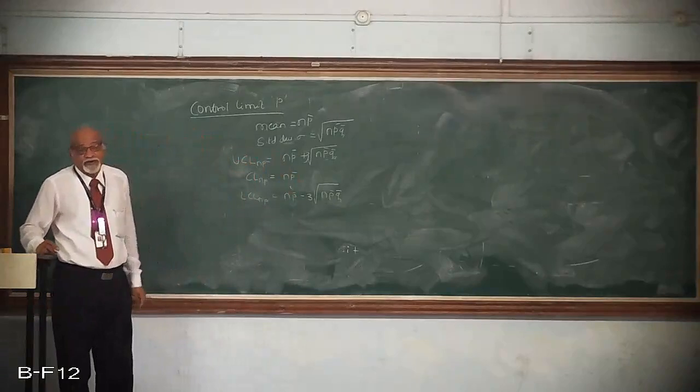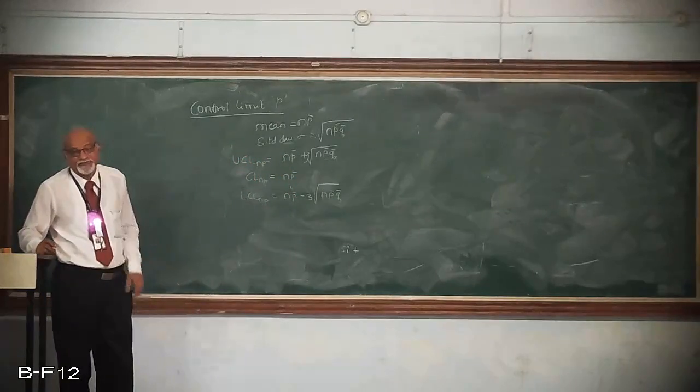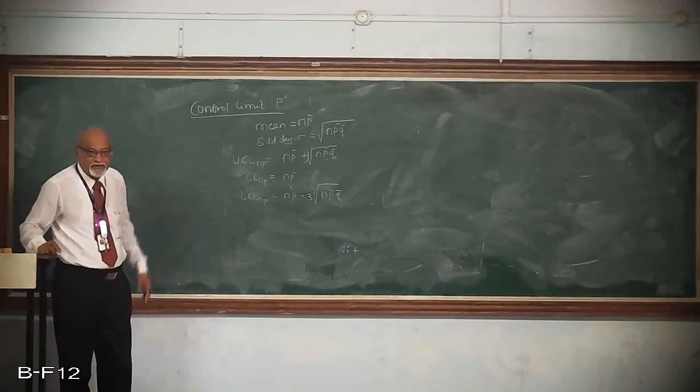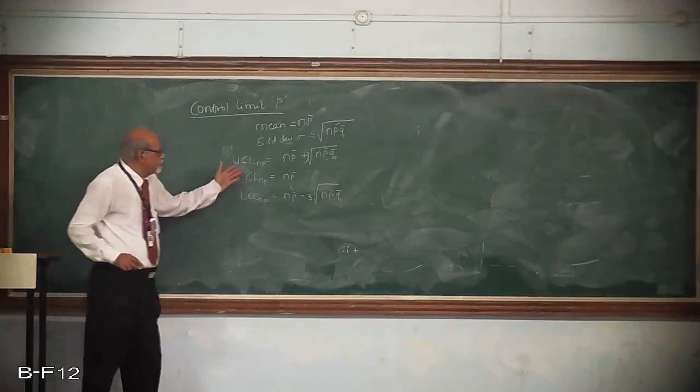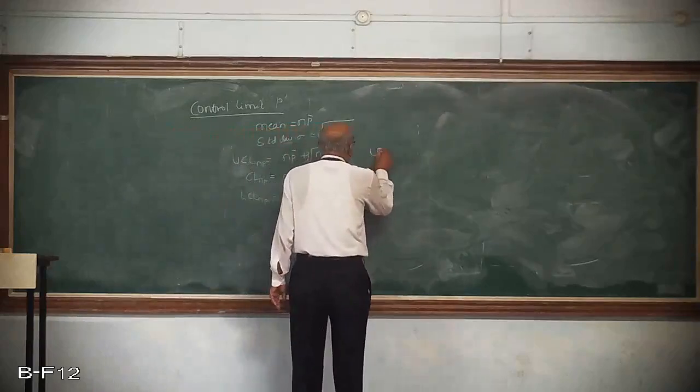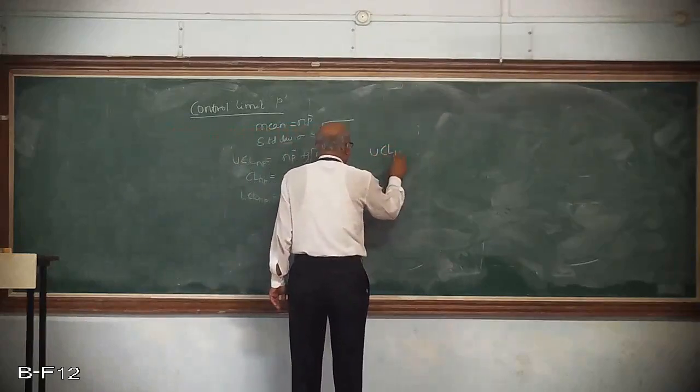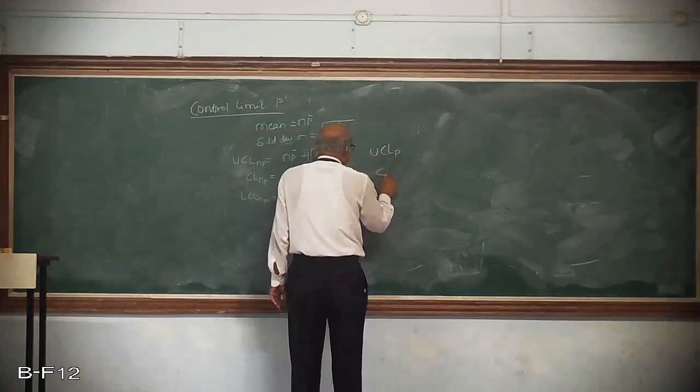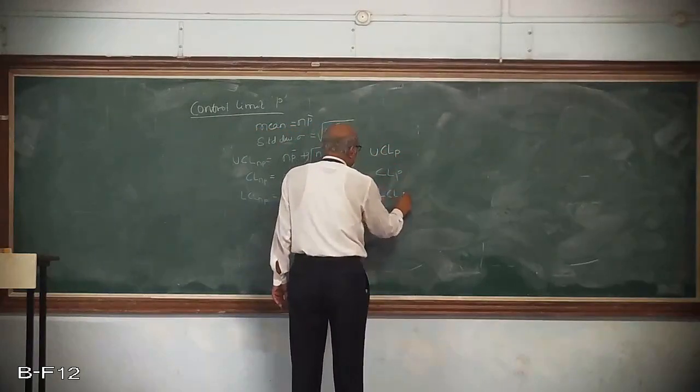Then for the P chart, what is to be done? The P chart should have only the average fraction defective. How do I find that out? From here, I can find the upper control limit, central line and lower control limit for the P chart.